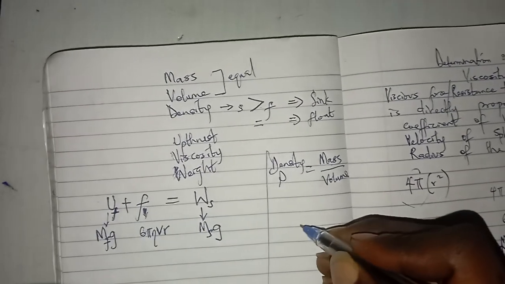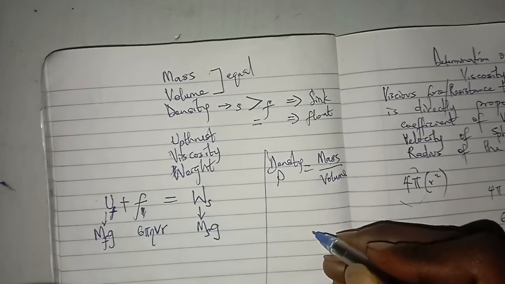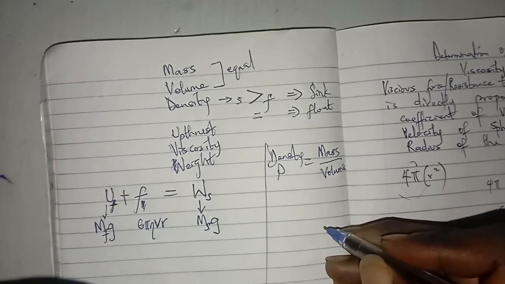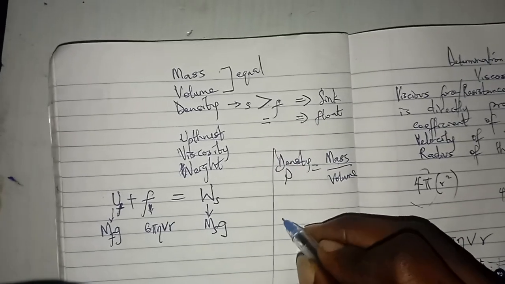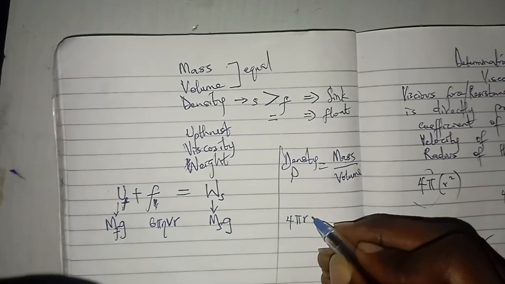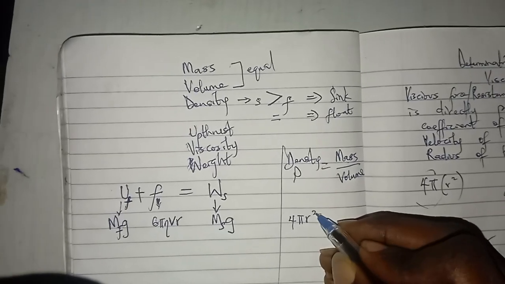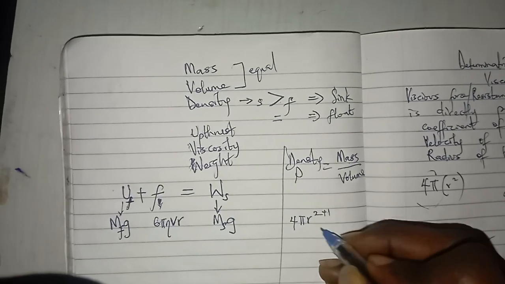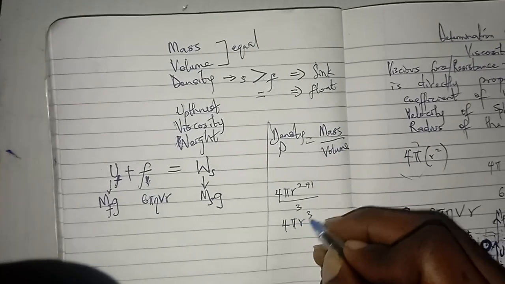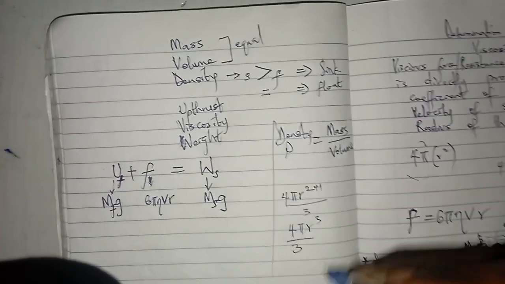What is the volume? The volume of the sphere is equal to the volume of water displaced, and the volume of a sphere is gotten by integrating the area. The area of a sphere is 4 pi r square. If I integrate this, you simply add 1 to the power and divide by the new power, which is 3. So 4 pi r cube all over 3.